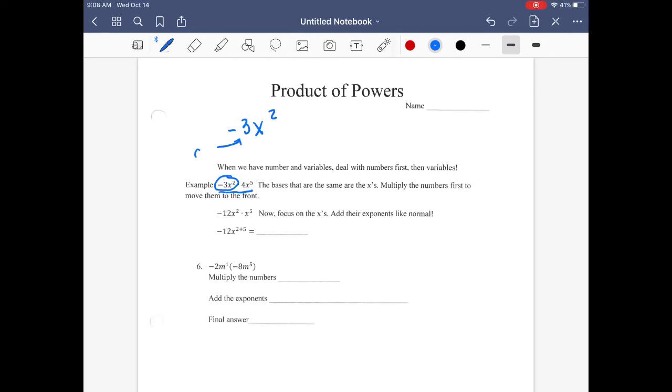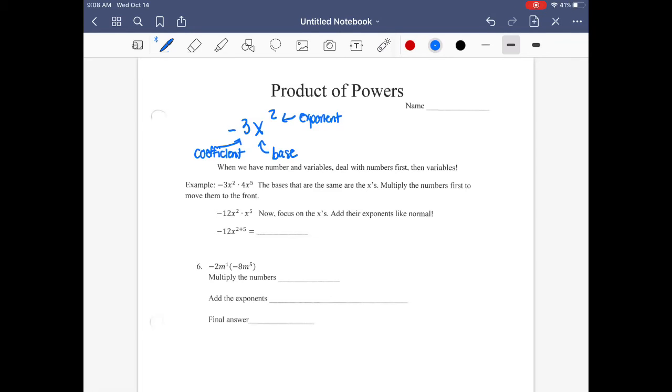Negative 3 is our coefficient. x is our base because x is holding up our exponent 2. So that's a lot of vocab that we have here. I'm going to take this off of the problem again.